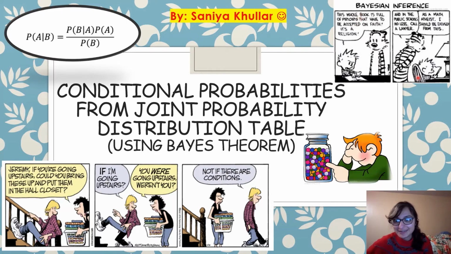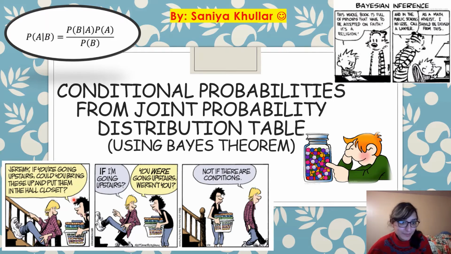And there are a lot of cute little jokes and cartoons about how you can use Bayesian inference. So this whole book is full of priors that have to be accepted on faith. It's a religion. And in the public schools, no less. Call a lawyer. As a math atheist, I should be excused from this. So that's a joke as well. And there's another joke.